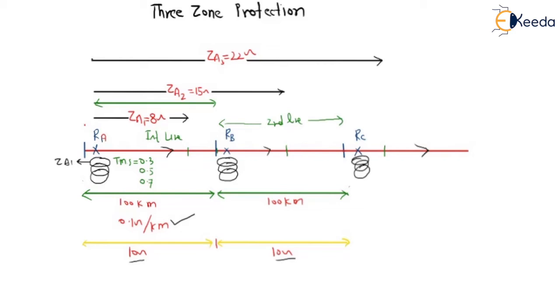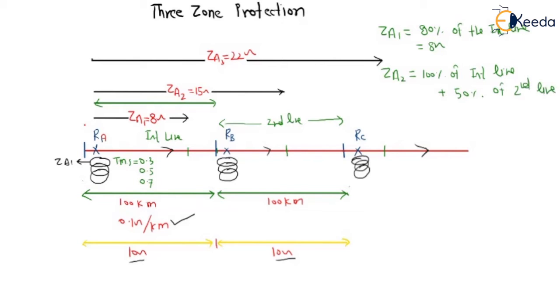ZA1 will be equal to 80% of the first line, which means its reach is 8 ohm in terms of impedance. ZA2 reach will be 100% of the first line plus 50% of the second line. In terms of impedance, it will be 15 ohm.